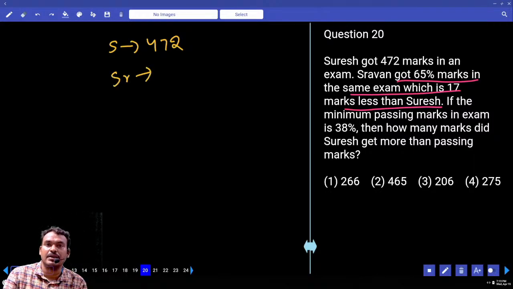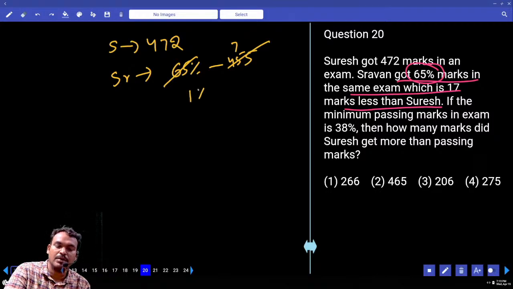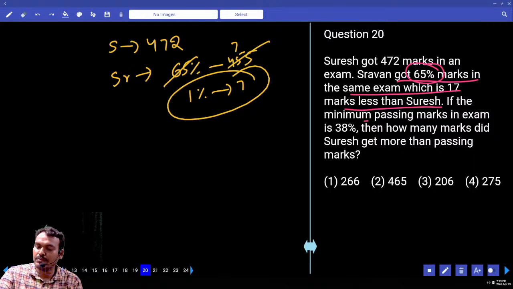So Shravan's marks are how much? 472 minus 17. How much? 455. The same 455 is equal to what percentage? 65%. So 1% is equal to how many marks? 7 marks. If the minimum pass marks in the examination is how much? 38%.